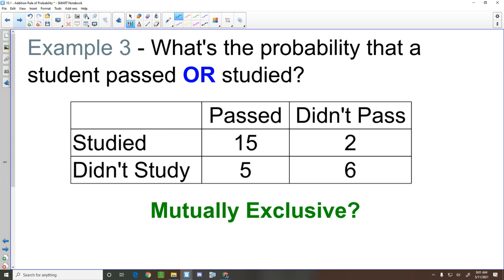Before you decide what to use, are those two events mutually exclusive? Passing the test and having studied for the test. Go ahead and calculate that probability.